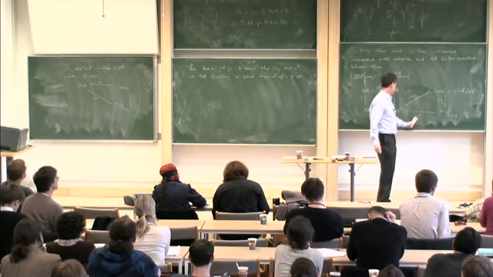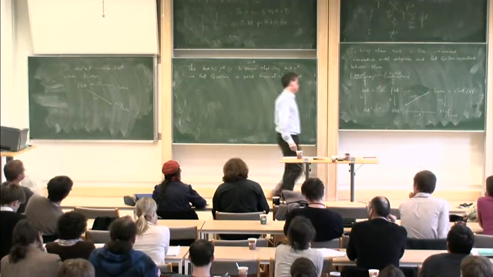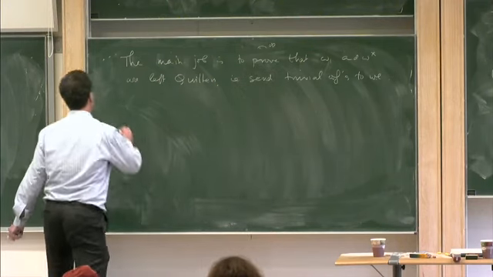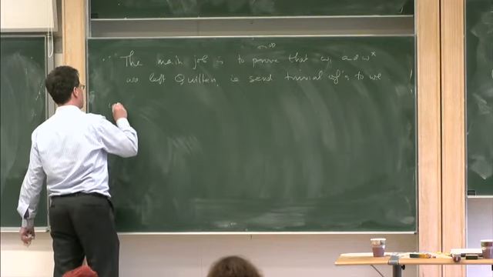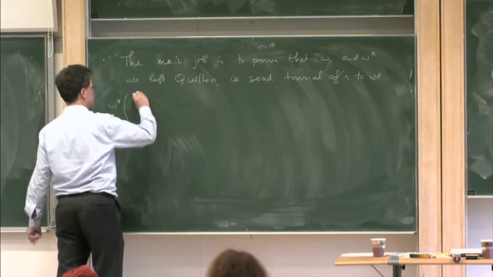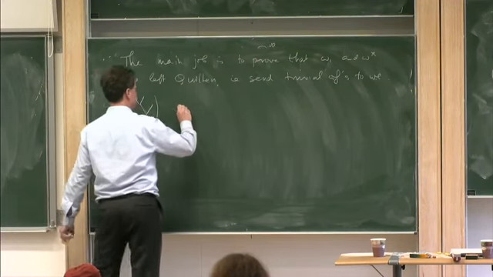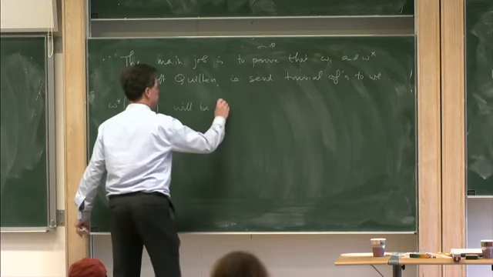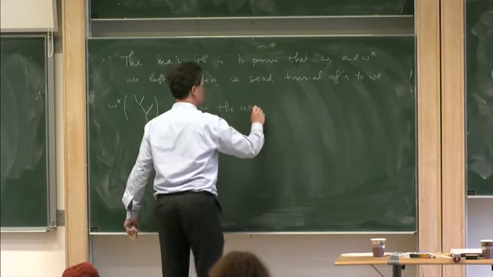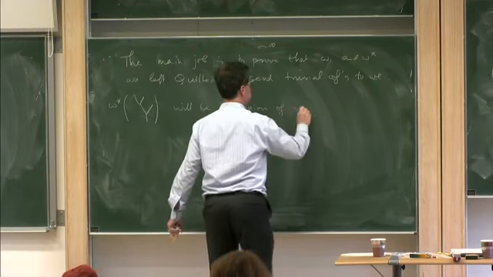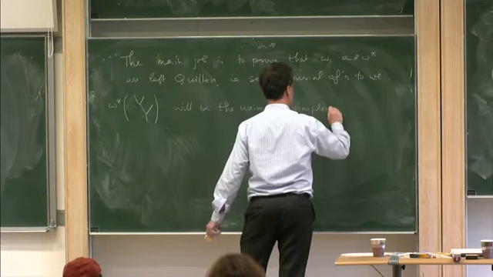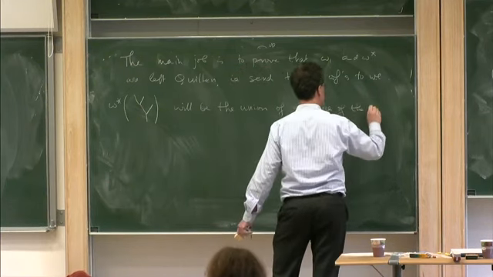Yeah? And just to give you a little bit of an idea of what this omega upper star looks like, let's just evaluate it on a tree. Omega upper star of a tree, let's take a small tree, will be the union of simplices of the following kinds.